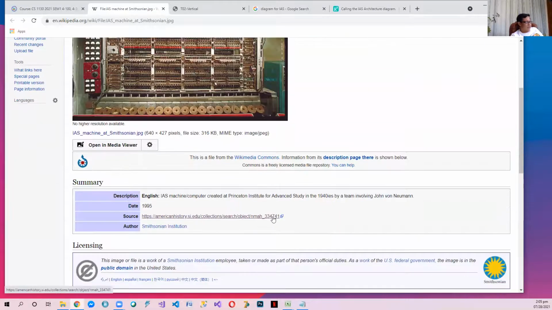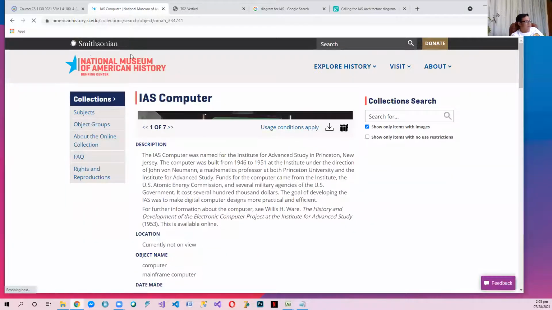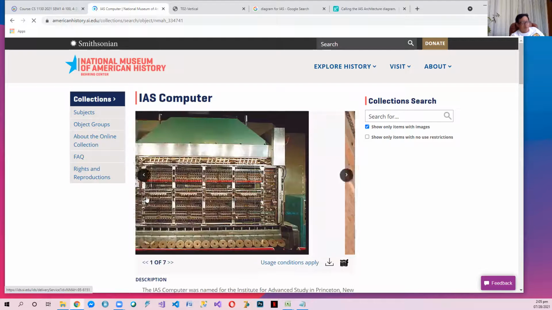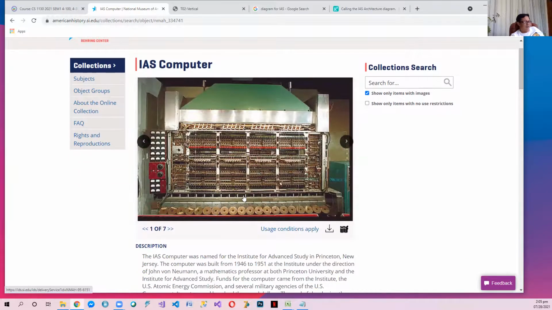Now let's look at the actual source, no? Ito yung actual source from the Smithsonian Institution. I'm not sure if there's an actual machine there, or maybe just a picture of the machine. Do you follow? Okay, ito yun.